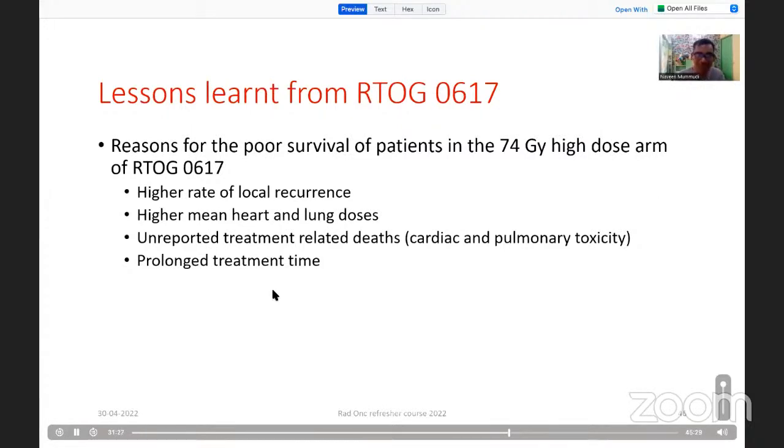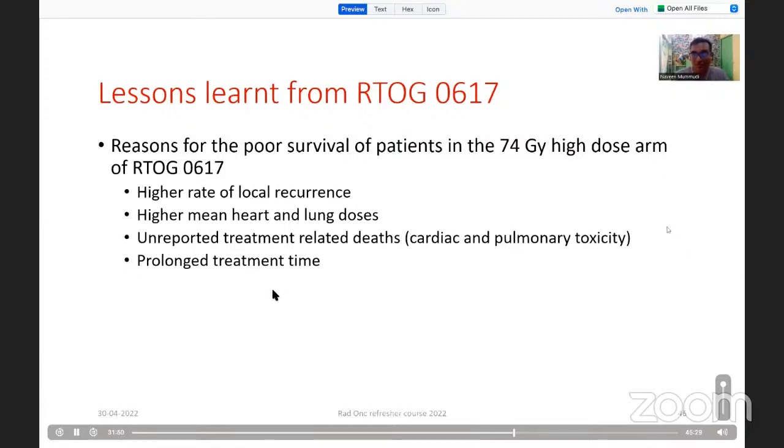We also saw that even with 74 gray, patients still continued to have a higher rate of local recurrence, and as I mentioned, there were a lot of unreported treatment-related deaths, possibly cardiopulmonary in nature, and also 74 gray given over 8 weeks possibly led to worse outcome in this arm.